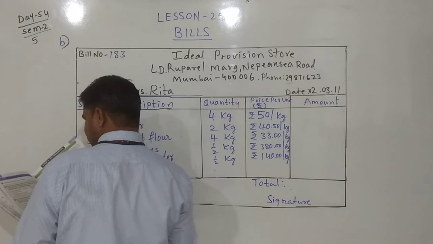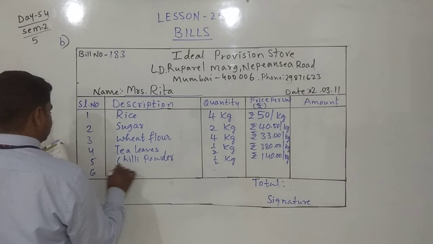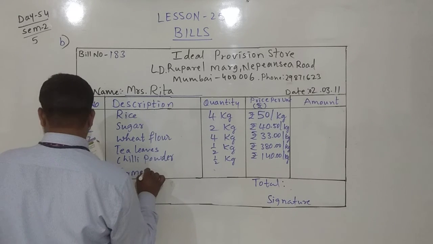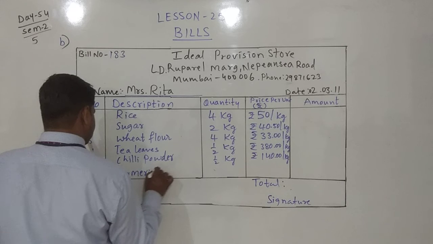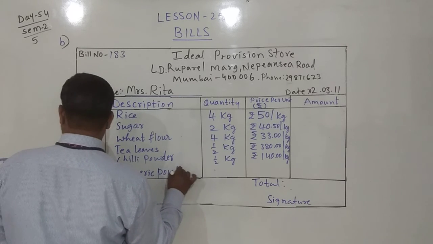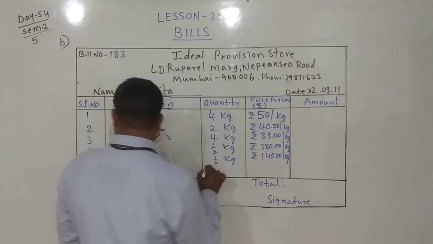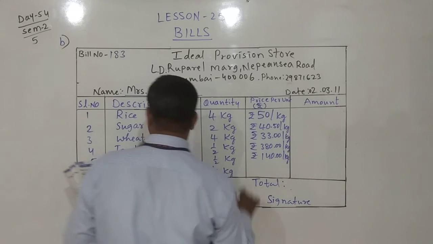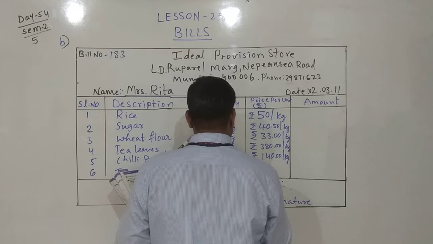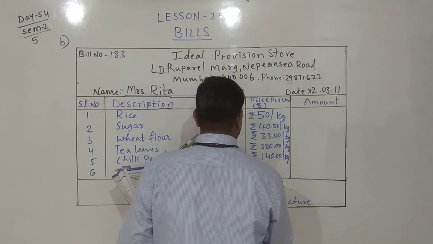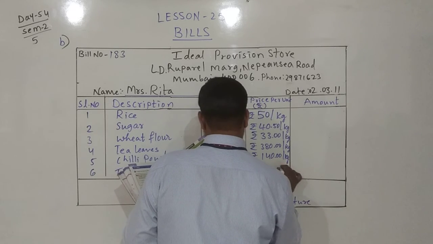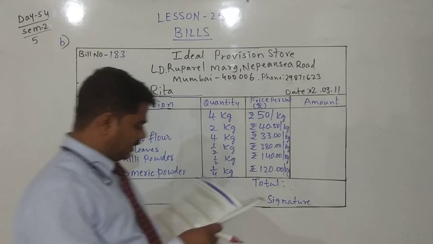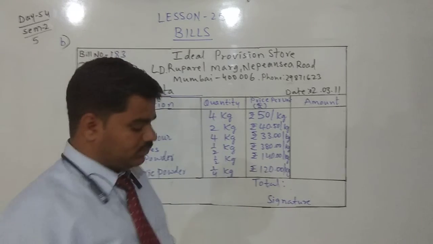Yes, and last is turmeric powder. Not half kg, 1/4 kg, quarter kg. Yes, 250 grams. Then it is 120 rupees per kg. Now we can calculate what she has to pay.